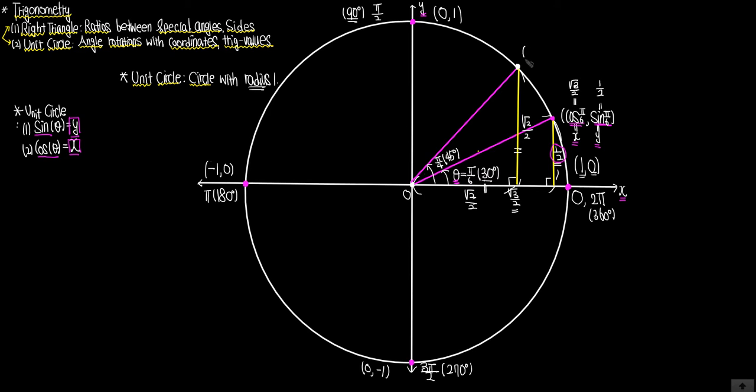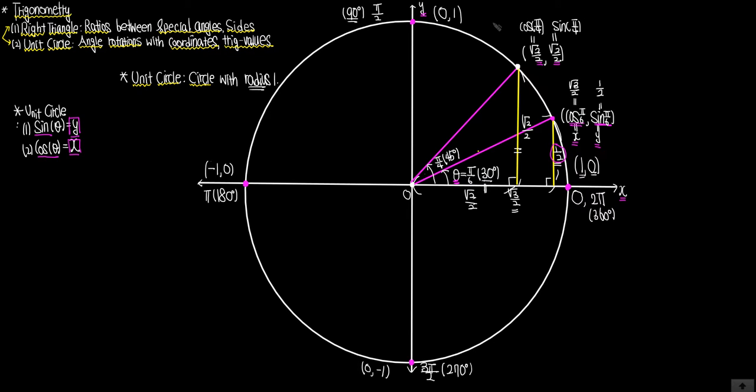That means the coordinate will be square root of 2 over 2, comma, positive square root of 2 over 2, where the square root of 2 over 2 in the x value is the cosine for our main angle, pi over 4, and the square root of 2 over 2 in the y position is going to be the sine for our main angle, pi over 4 radians.